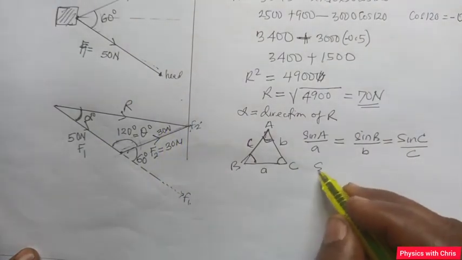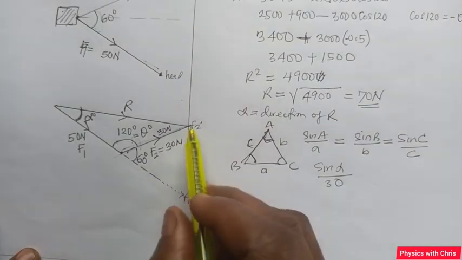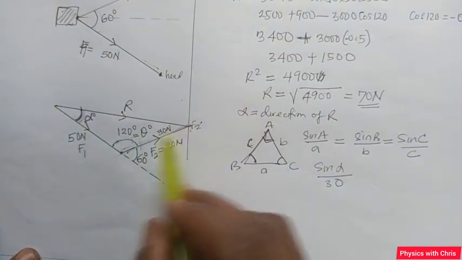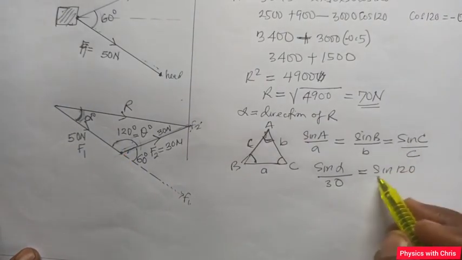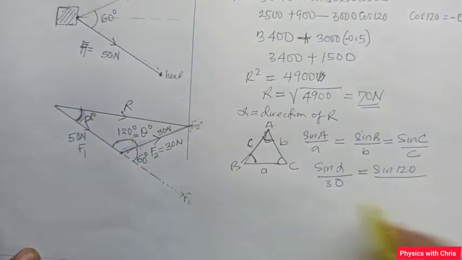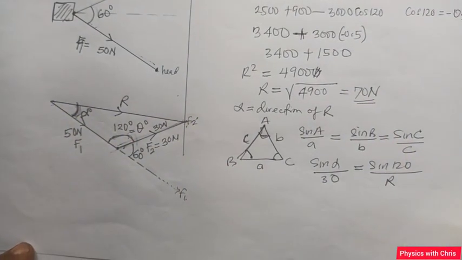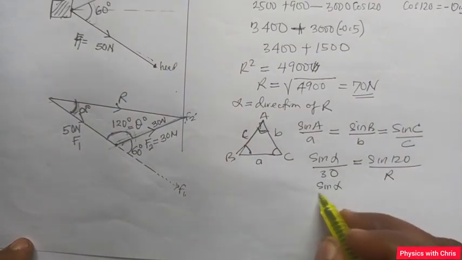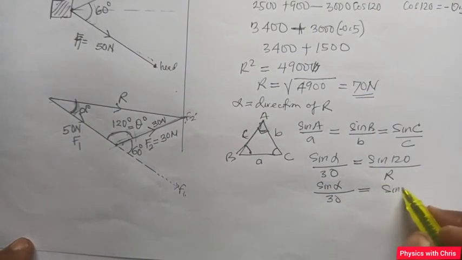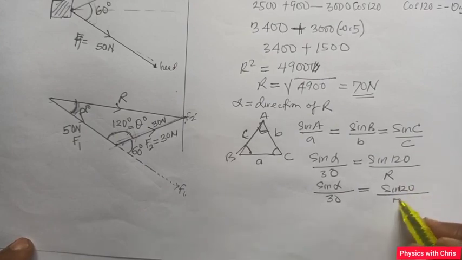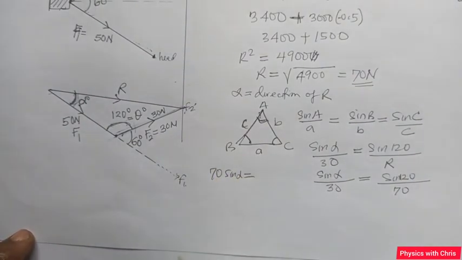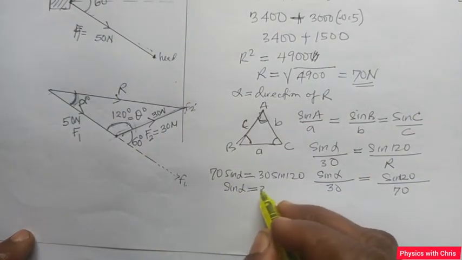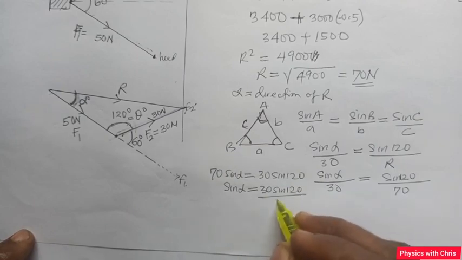So sine alpha over 30, because this is the side opposite the angle alpha I'm looking for, equals sine 120, the known angle, over the side opposite that angle, the resultant, which we got as 70. When I cross multiply, I have 70 sine alpha equal to 30 sine 120, so sine alpha equals 30 sine 120 divided by 70.